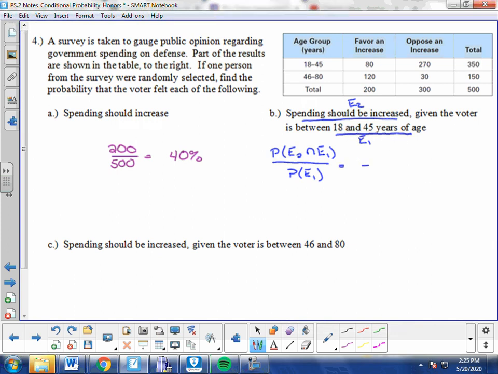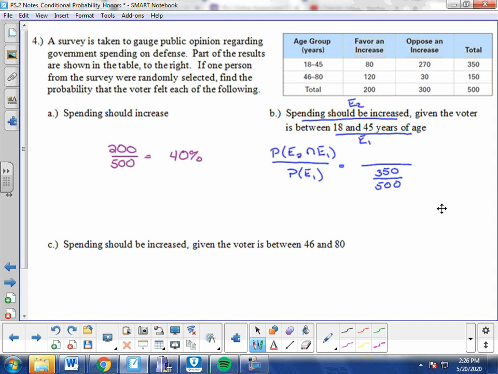So what's the probability? Let's start with just the probability of event 1. It's probably easier to find. What's the probability that our voters were between the ages of 18 and 45? If I look at this 18 to 45 category, here are my numbers. 80 were in favor, 270 opposed. So there was a total of 350. So there were 350 voters between 18 and 45 out of the sample space of 500.